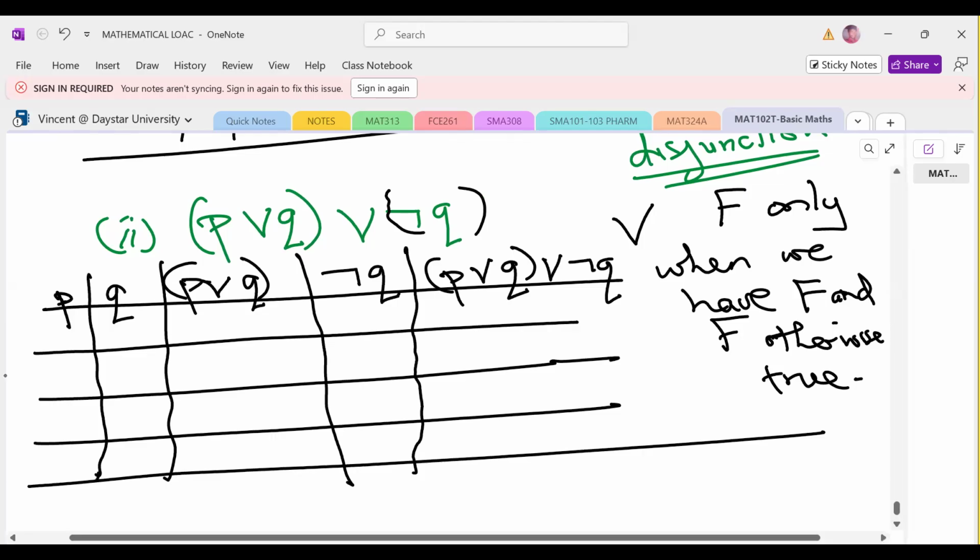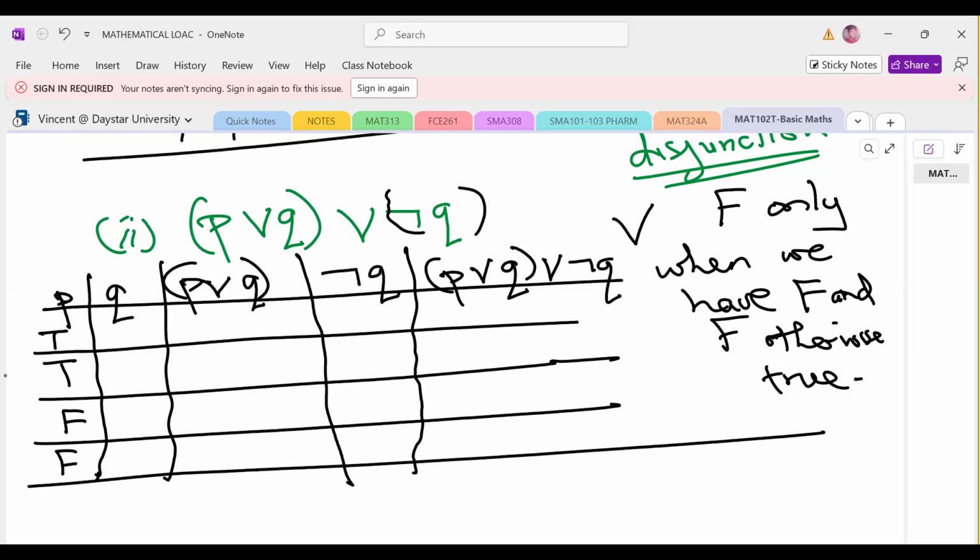So true, true, false, false, followed by true, false, true, false. Correct. Now this column is defining the operation of a disjunction, and disjunction simply means or.